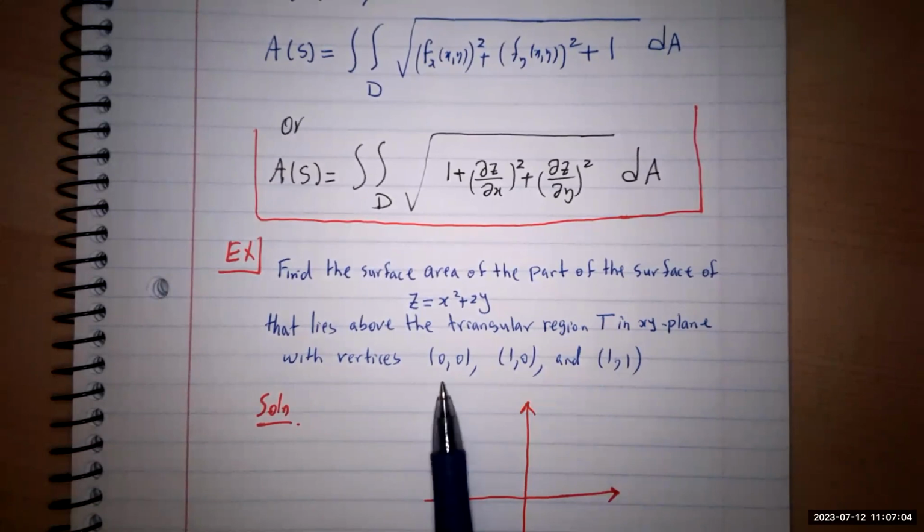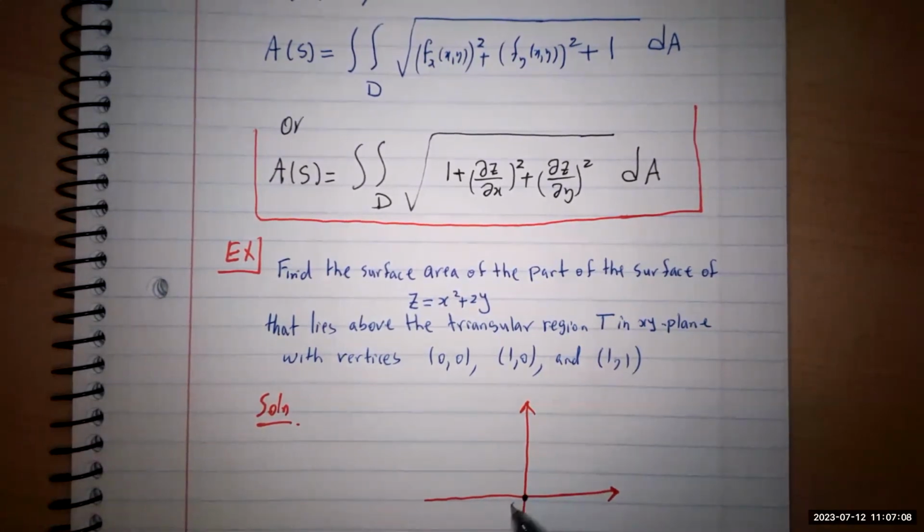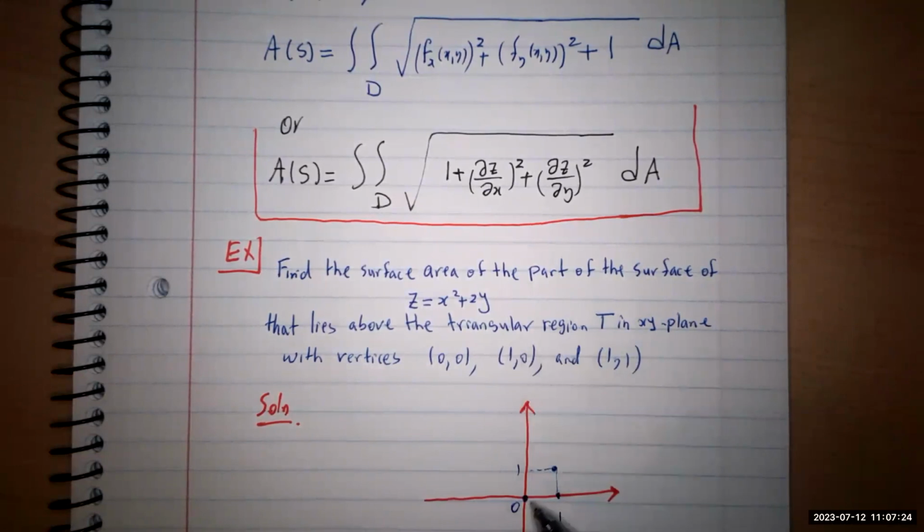So the points are going to be 0, 0. So this is going to be 0. Then you get 1 and 0. This is going to be 1 and 0. Then you get 1, 1. So this is going to be 1, that's going to be 1, 1. And to make a triangle, you add this line.